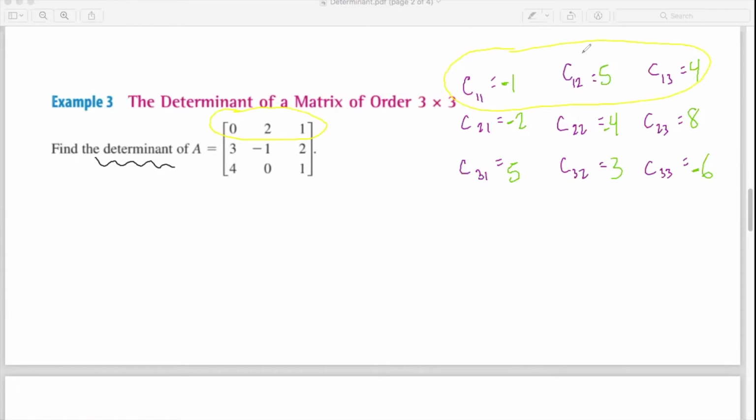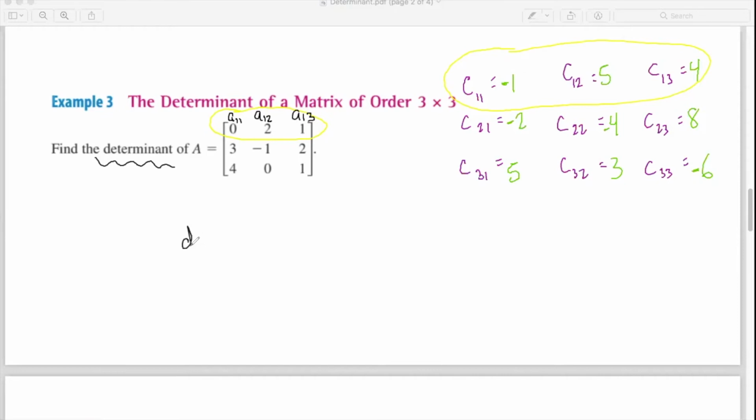So we are going to call this element A11, the answer to row 1, column 1, then row 1, column 2, and the answer to row 1, column 3.